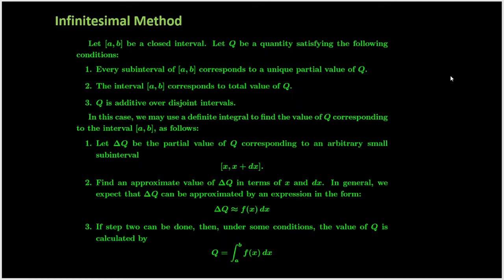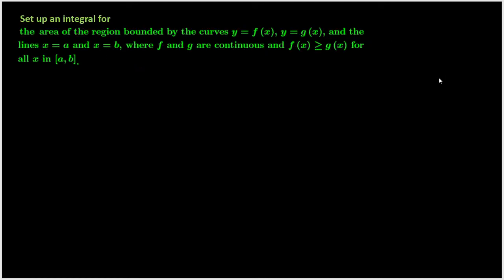The first quantity we are going to set up the integral for is the area between curves. Now look at the question on the screen. We'll go back to the step procedures and follow them to set up an integral for the area of the region enclosed by two curves and two vertical lines.